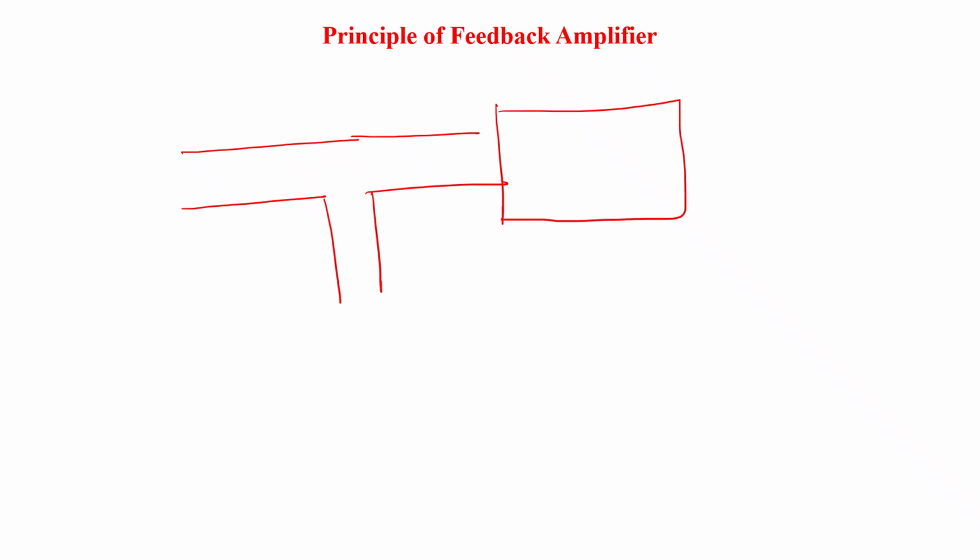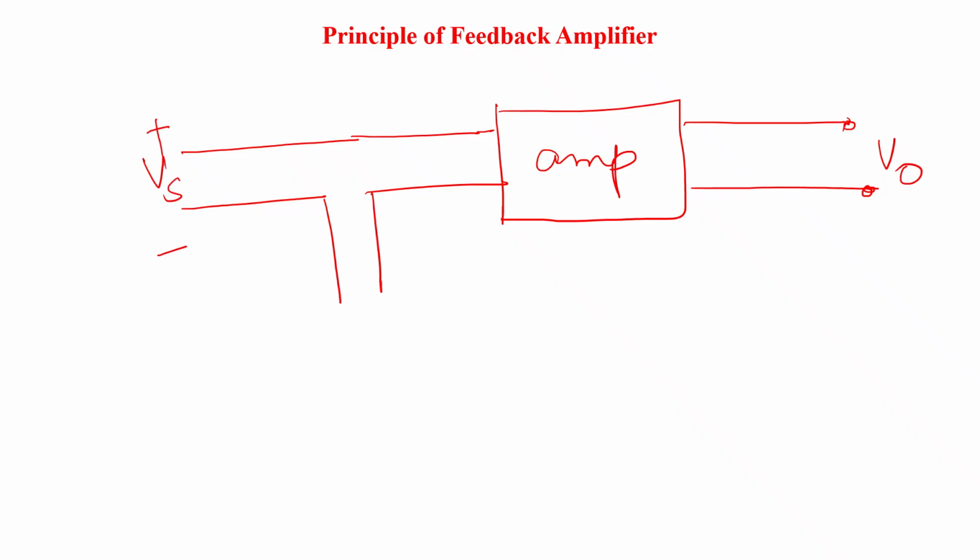I will just draw a simple block diagram to explain the principle, and will try to calculate the gain of the feedback system. Yes, some signal is fed to an amplifier circuit, and we will be getting some output voltage, V naught.